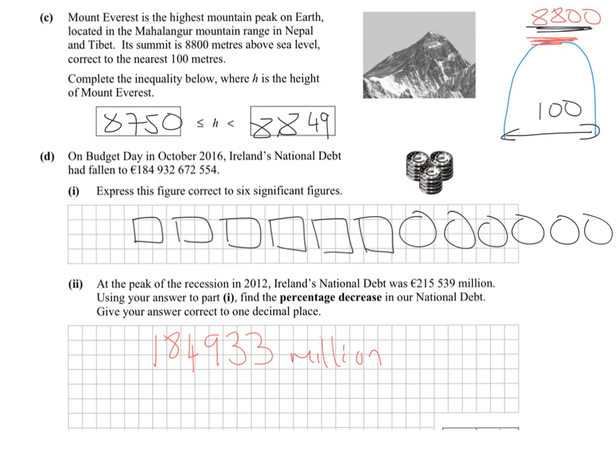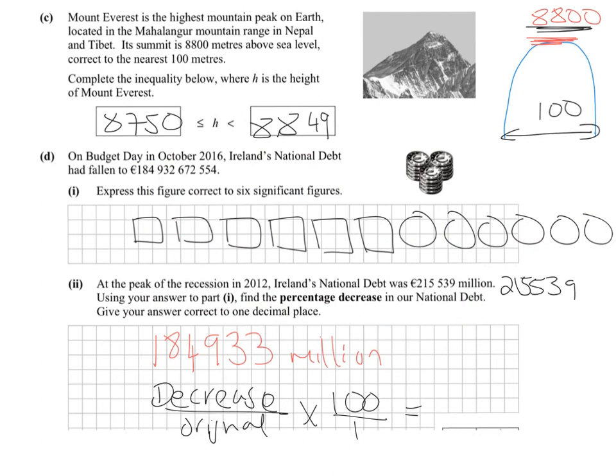Well, always to find the percentage decrease, your formula is the decrease over the original, multiplied by 100 over 1. The decrease in this, if you were to check it out, is 215,539 minus 184,933, that's millions.